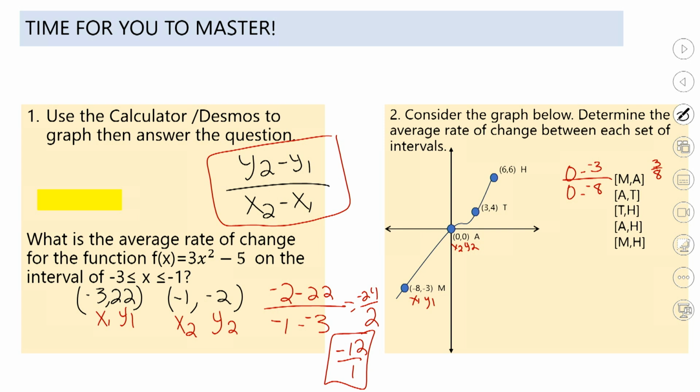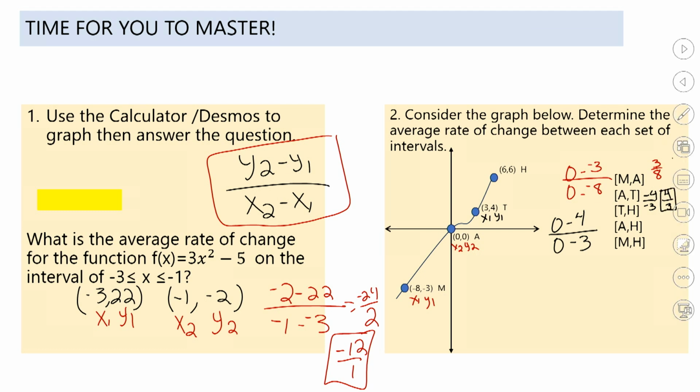So let's look at our next one. I've got A to T. Since I've already got this one as labeled 2, I'm going to label this one as 1 and go ahead and try this one. I have 0 minus 4, and I have 0 minus 3. I have a negative 4 over a negative 3, and a negative divided by a negative is going to give me a positive.